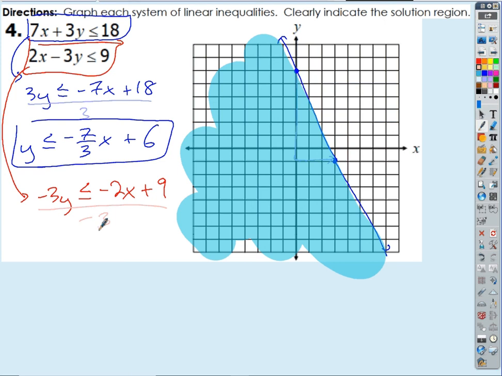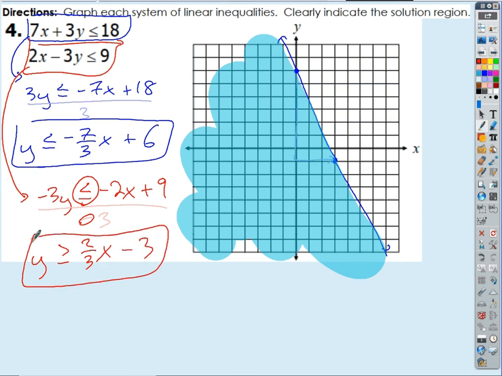Good. Okay, so because we're dividing by a negative, I'm going to have to be careful. I'm going to have to flip that around, right? So what do we end up with then? On the left side, we've got our y. The inequality is getting flipped. Negative 2 divided by negative 3 is 2/3. 9 divided by negative 3 is negative 3. Okay, so let's graph that one.